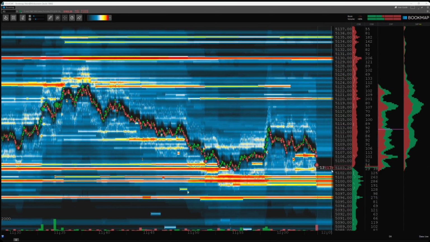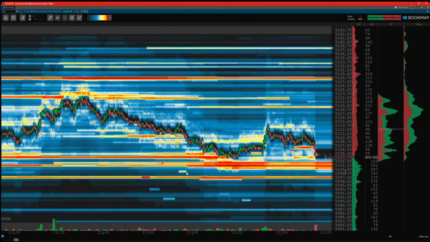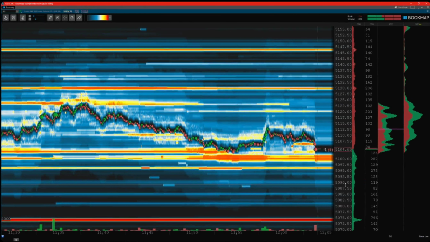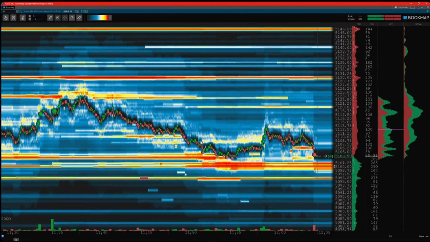Sellers are taking control. SPX is at 50-61. And watch, it's going to do exactly what I said. But right now, the SPX contracts are going to be expensive.